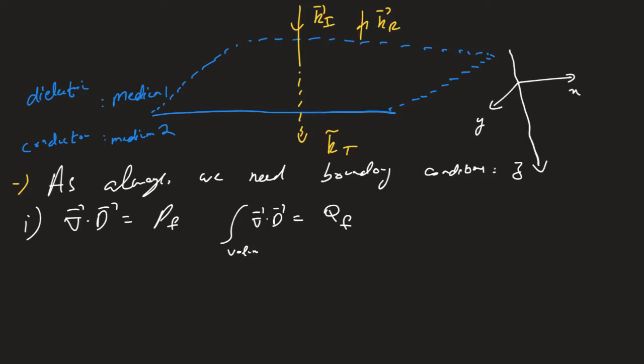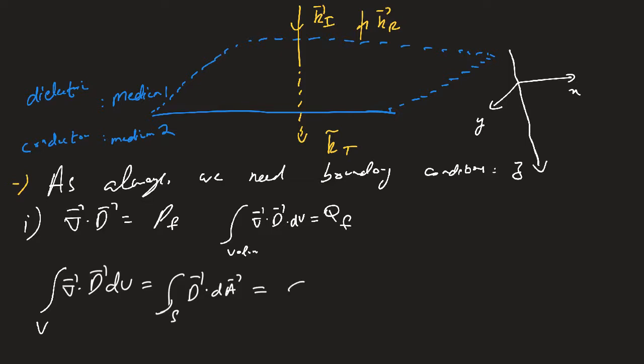Now if you make a Gaussian cube above and below, then on that cube the integral over the volume V of del dot D dV is equal to the surface integral of D dot dA, which is just equal to the surface charge density on the interface times the area.